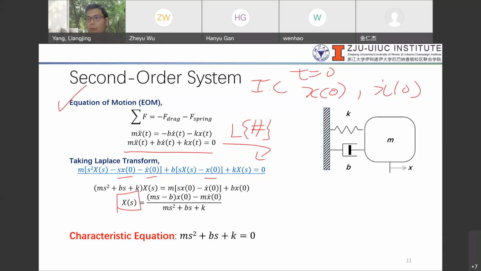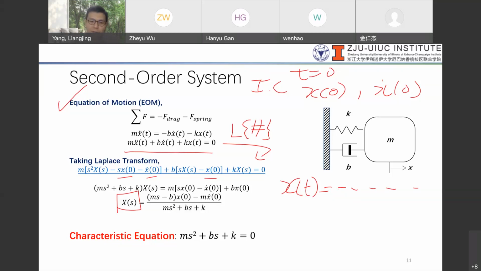Because eventually what we want is the system response, which is eventually we're going to find a solution for the differential equation, right? You want to know what this is. So one way, of course, you can work out in this S domain where you solve it and then do an inverse Laplace to change it back to the time domain, right?